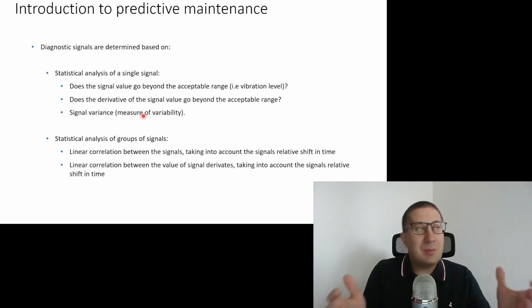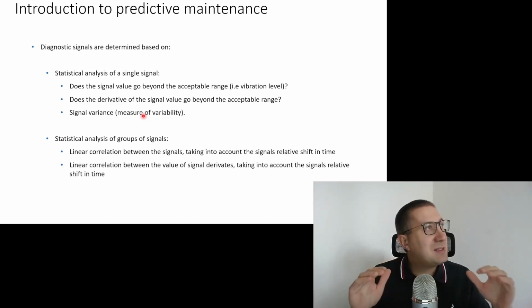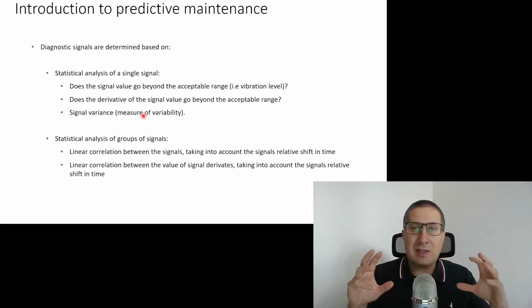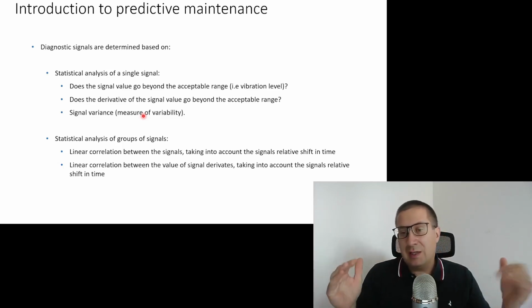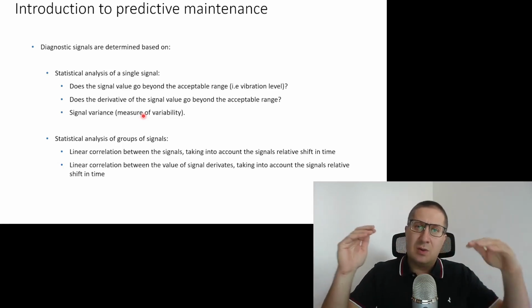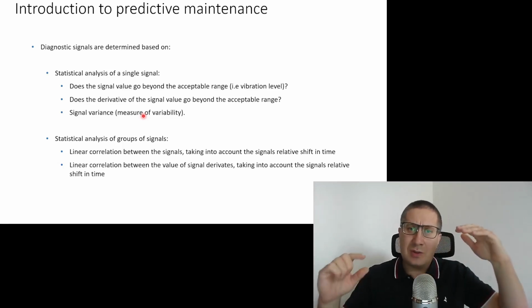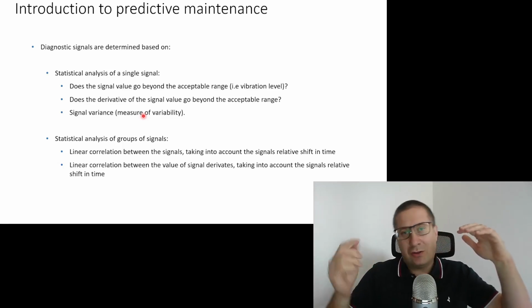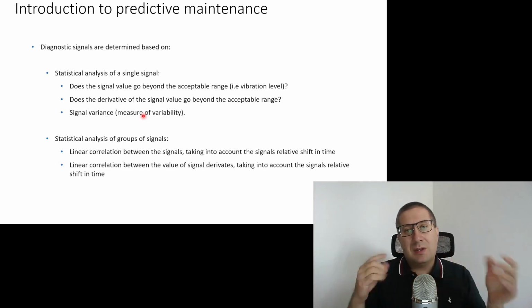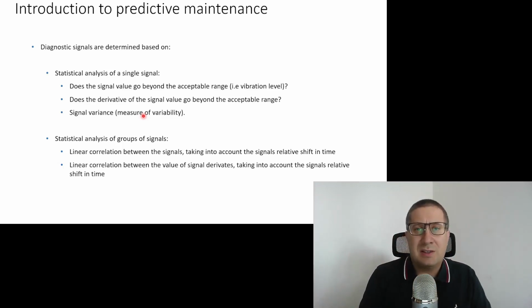This approach is based on the assumption that if the temperature was this and the flow was this, the pressure usually was somewhere here, not here. So we try to find the links, the relations between those signals.